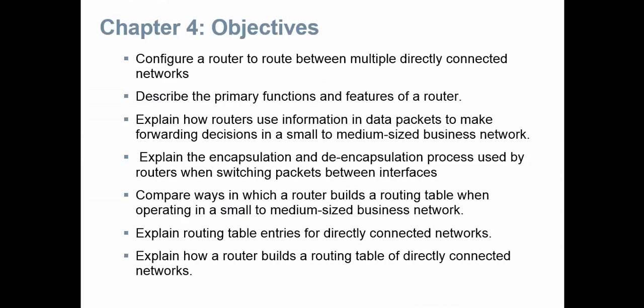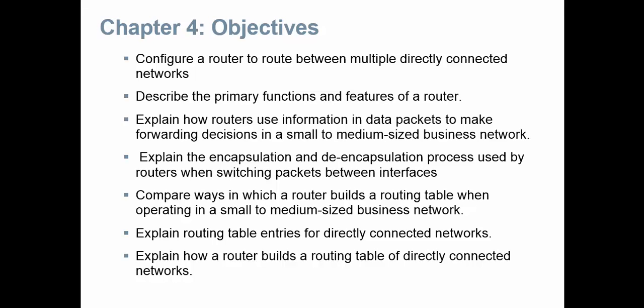So as we go over routers, some of the things you need to pay close attention to and pick up on are: we're going to configure a router to route between multiple directly connected networks. You need to be able to describe the primary functions and features of a router. Explain how routers use information in data packets to make forwarding decisions in a small and medium-sized business network.